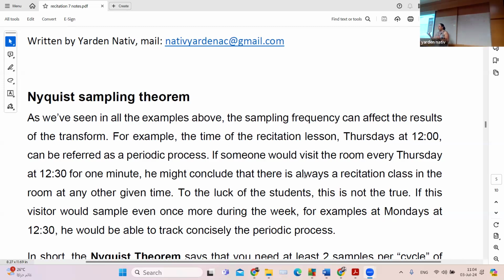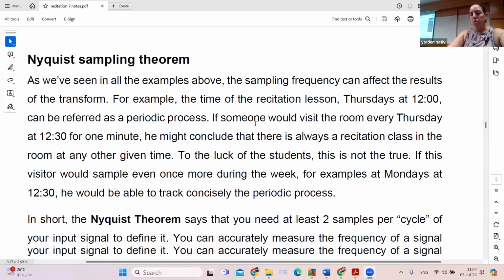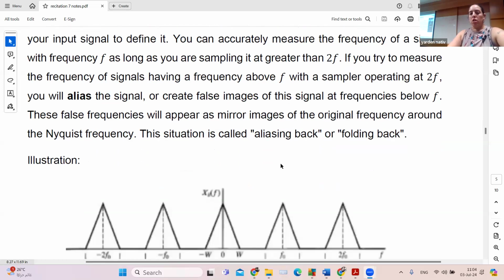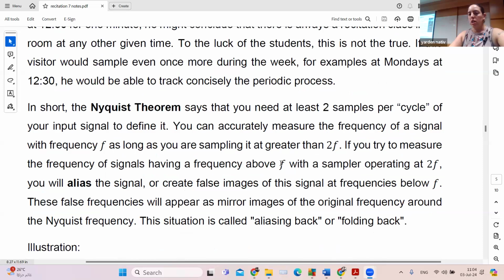The Nyquist frequency tells us that if we want to know something about a frequency, we need to sample it at least at 2 times this frequency, okay? In a minute, I'll show you the aliasing, but I'll give you just an example.